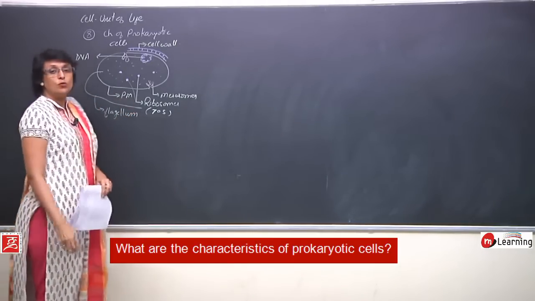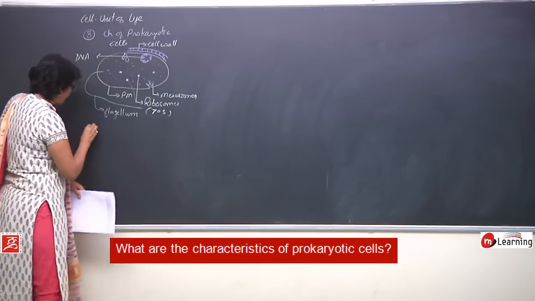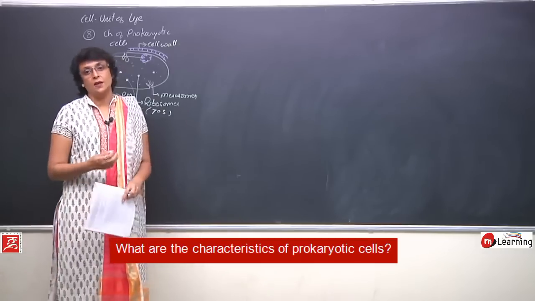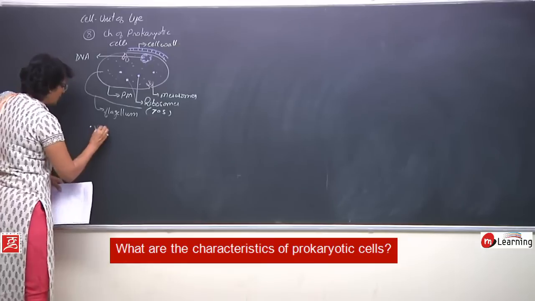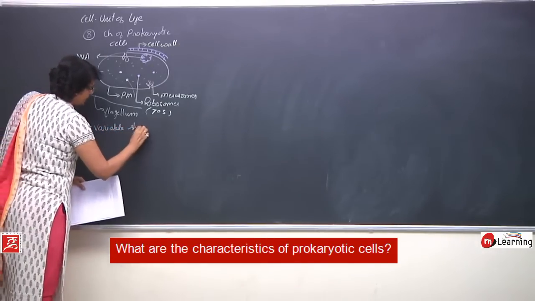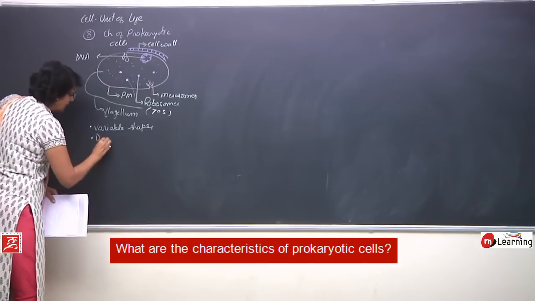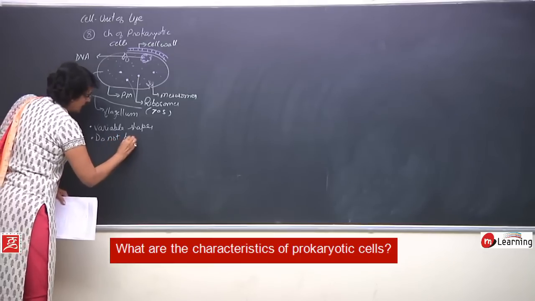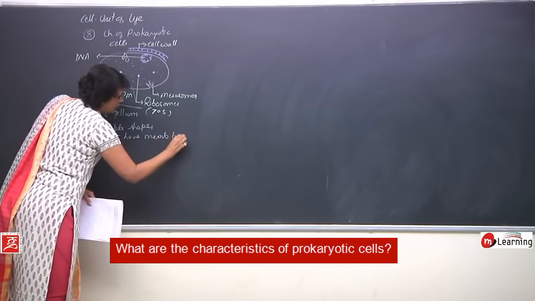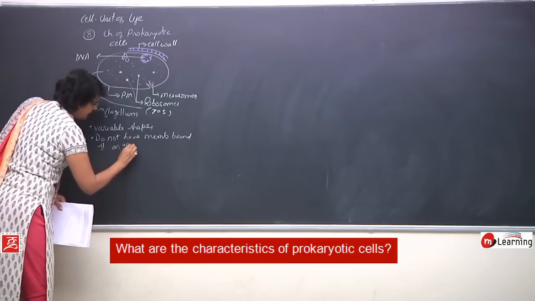So, now when it comes to writing the characteristics, what all characteristics we would write? These prokaryotic cells, they exist in multiple shapes. So, variable shapes. They do not have membrane bound structures or organelle.